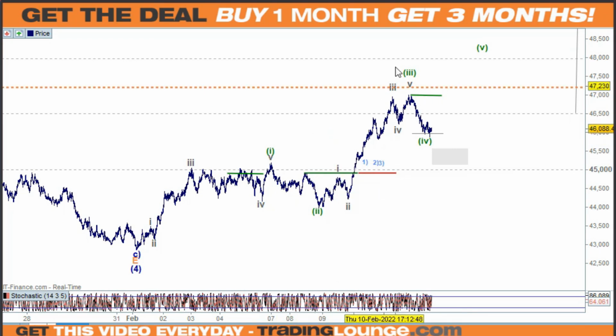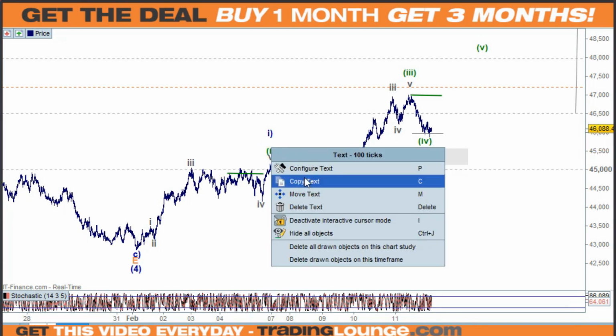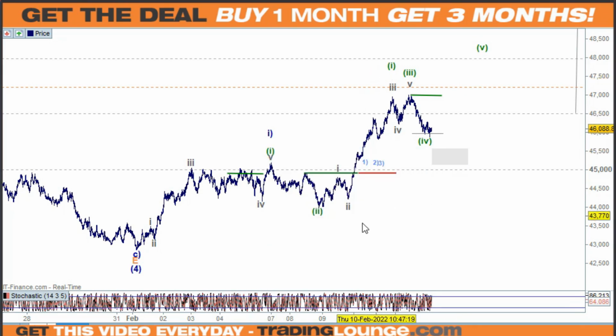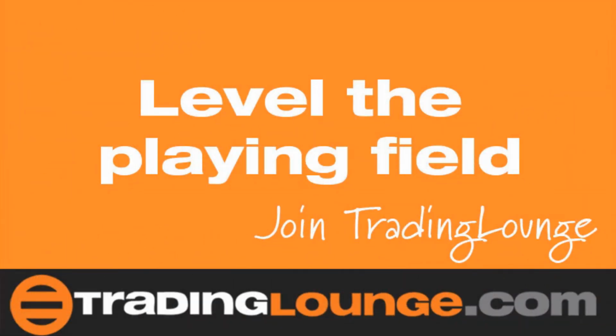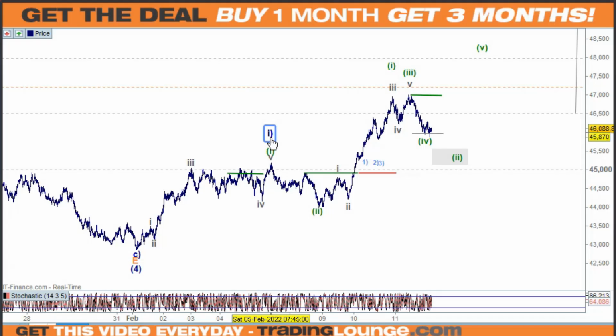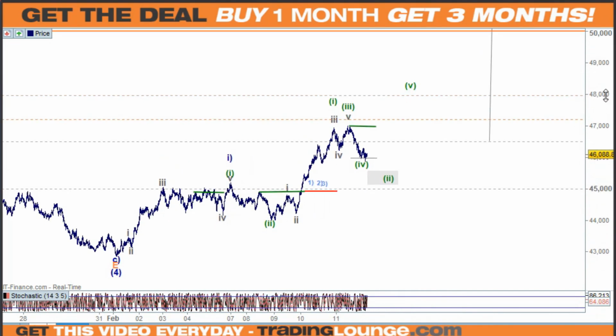Probably what I need to do at minimum here is put this as wave 1 here, and then copy that wave 1 and put that here, and come back for a wave 2 over here. I'm not too sure if we've got wave 4 or wave 2 over here. And look, I may even need to crank that up to another degree higher. I just need to sit with it for a while and get my perspective on it.